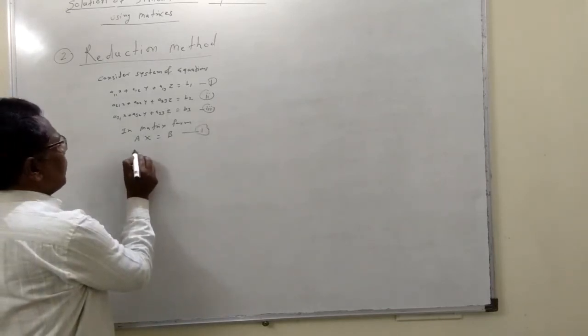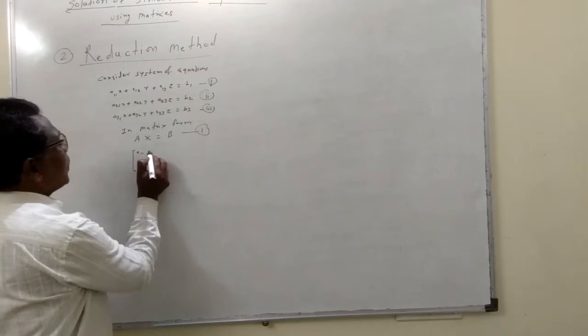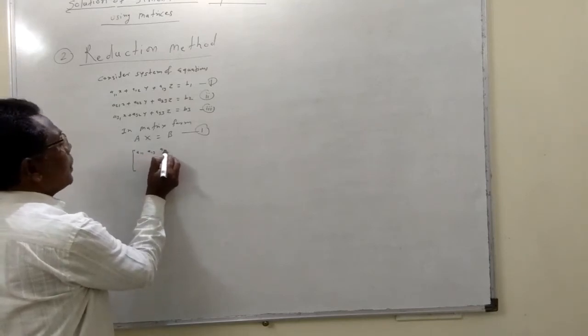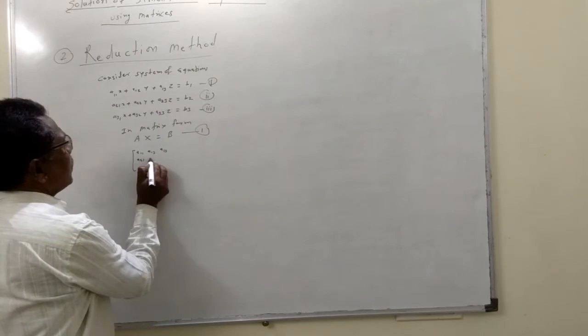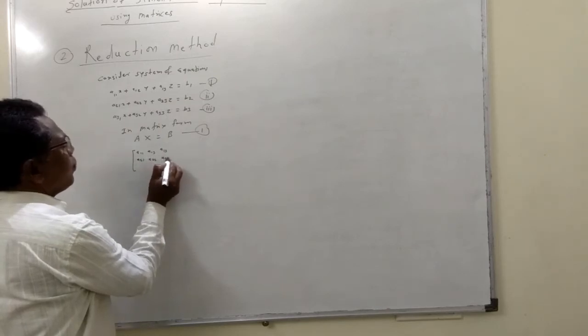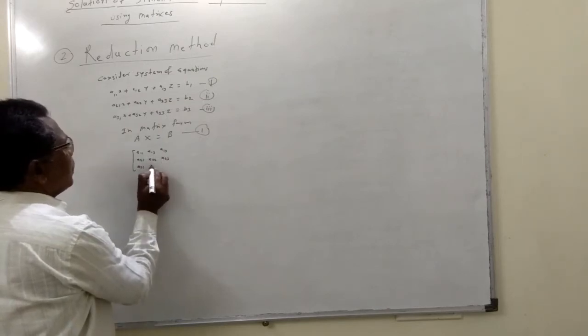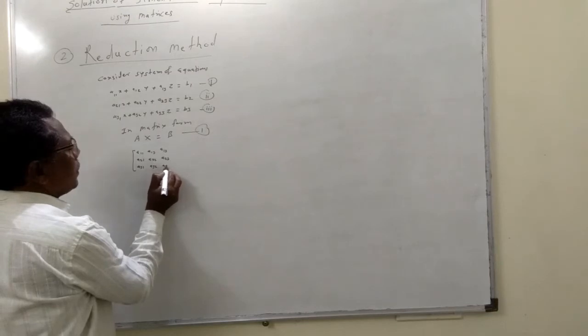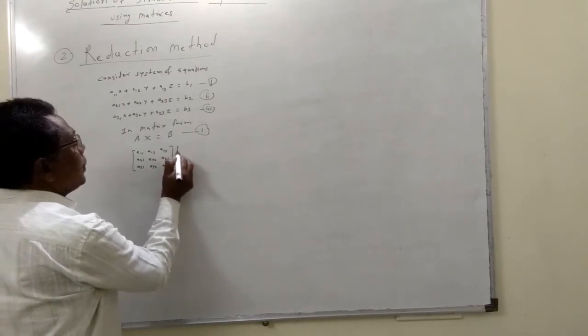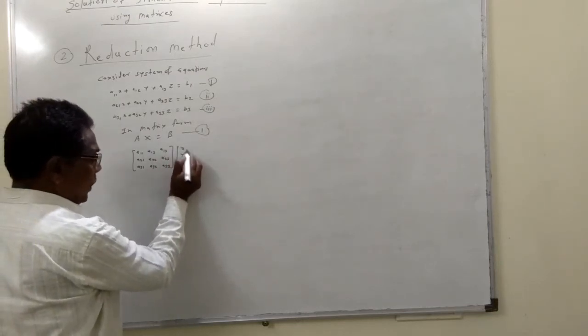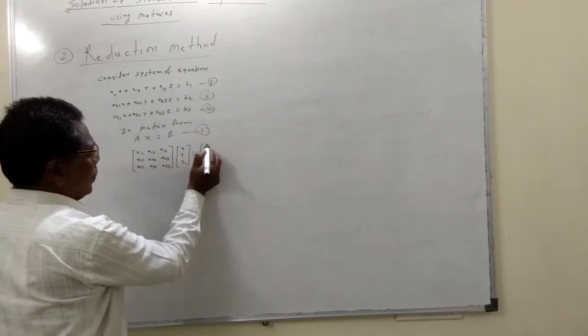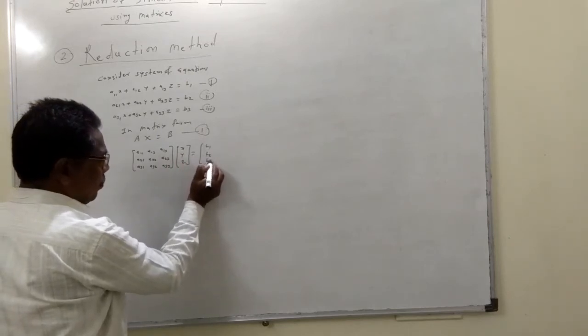So matrix A: a11, a12, a13, a21, a22, a23, a31, a32, a33, into the variable matrix x, y, z is equal to b1, b2, b3.